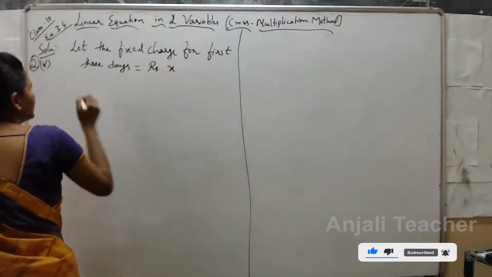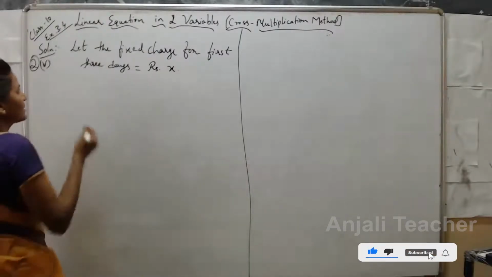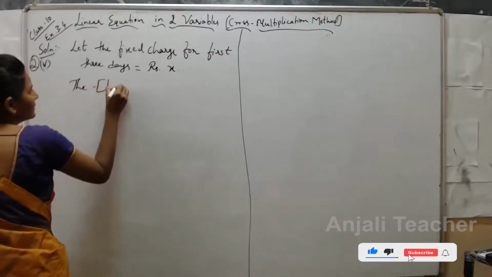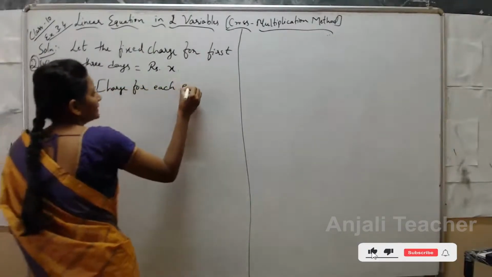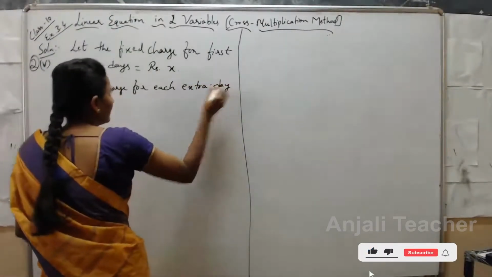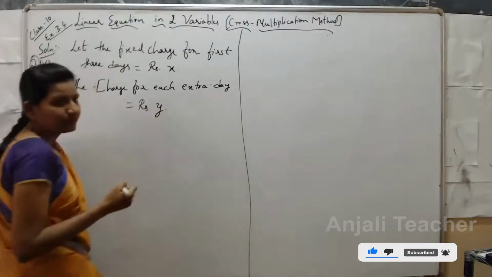Rupees X. Next, the variable charge, the charge for each extra day or additional charge, each extra day is equal to Y rupees. Okay.